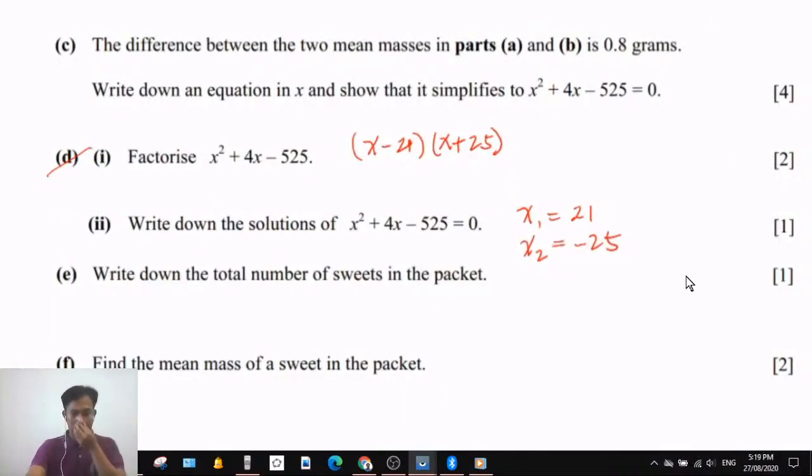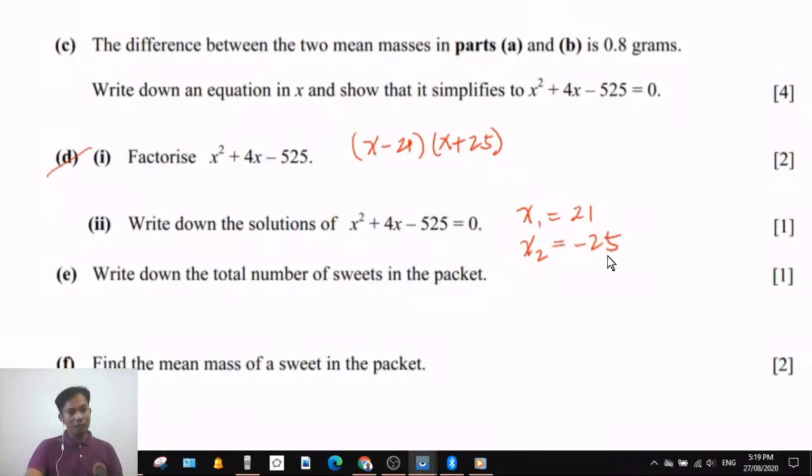There. Next, letter E. Write down the total number of sweets in the packet. Okay. If I will solve for the total number of sweets in the packet, I have to find out what is the value of that x, which is now 21. I cannot have negative 25.